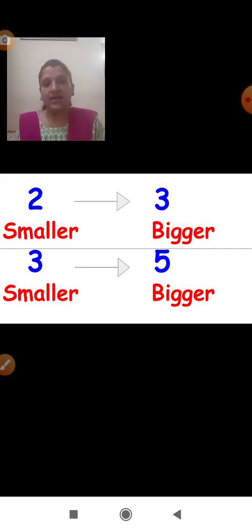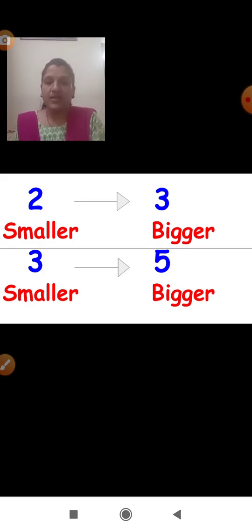Let's see in this example, number 2 and number 3. Here, number 2 is smaller and number 3 is bigger. In the next example, number 3 and number 5. Here, number 3 is smaller and number 5 is bigger. So we can identify the bigger and smaller numbers.